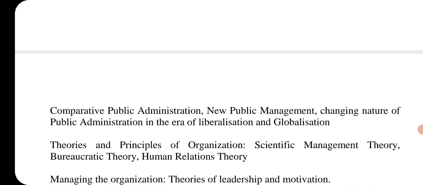liberalization and globalization, theories and principles of organization, scientific management theory, bureaucratic theory, human relations theory.